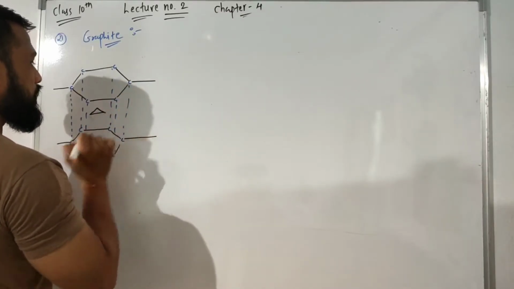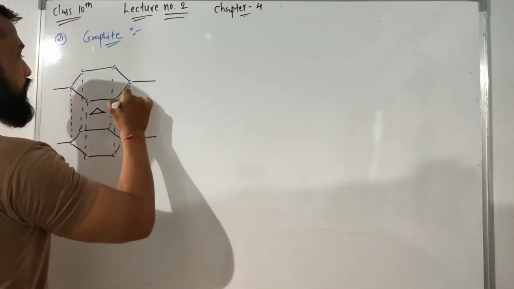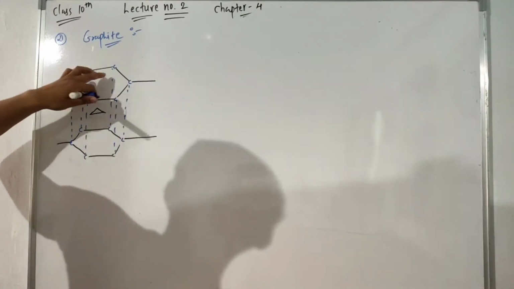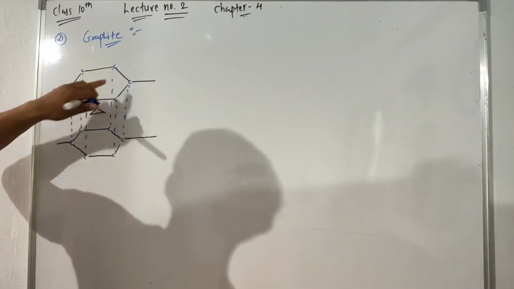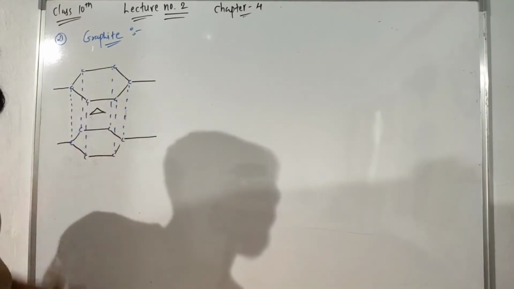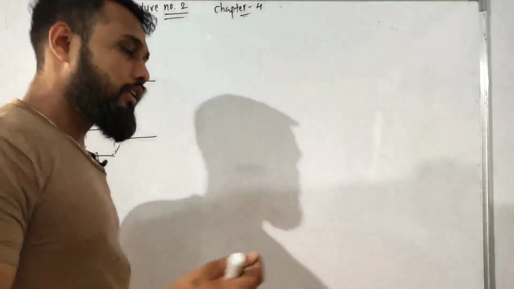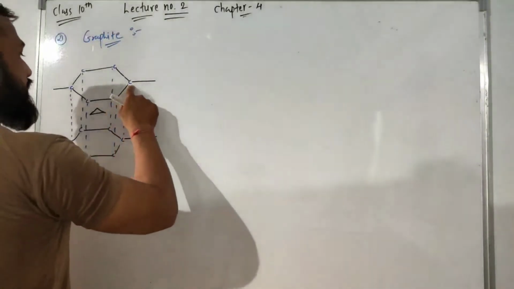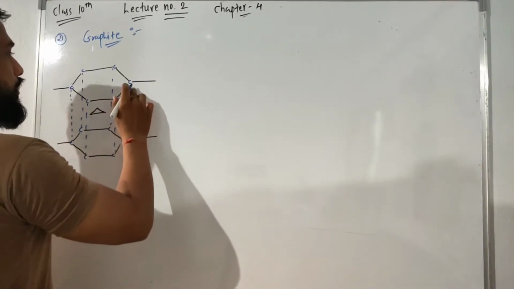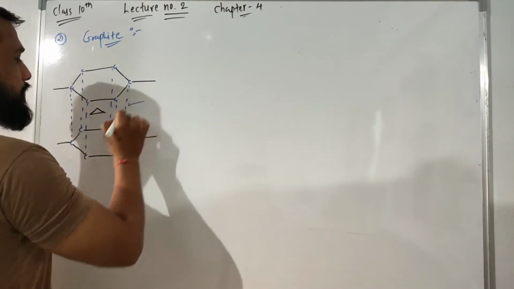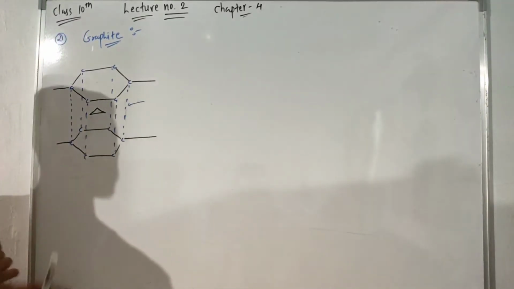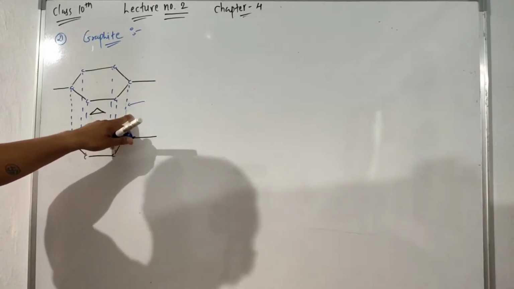You see here that one carbon is connected with three carbons. So there is one remaining electron which is slightly combined with this, but because it is a slightly long bond, the bond length is very high.